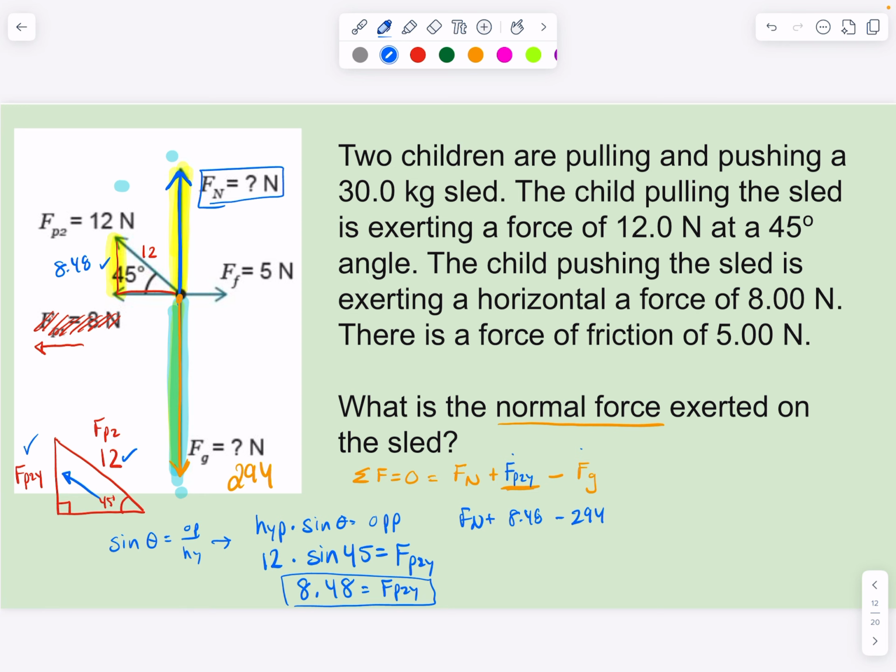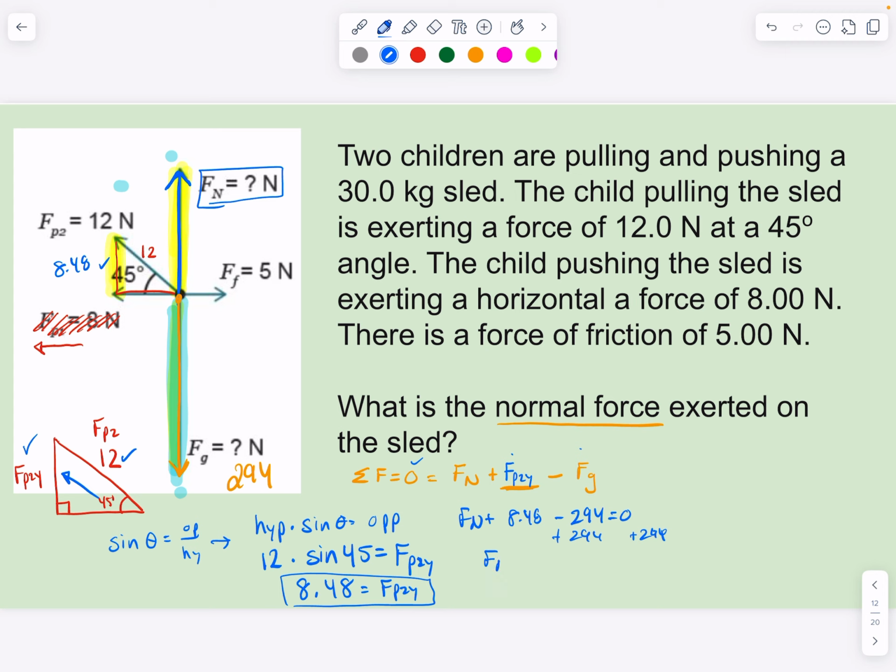And now I can make that all equal to 0 because it's going to be balanced out like we have right there. So if I add 294 to both sides, I would say I have Fn plus 8.48 equals 294. And then I subtract 8.48 from both sides.